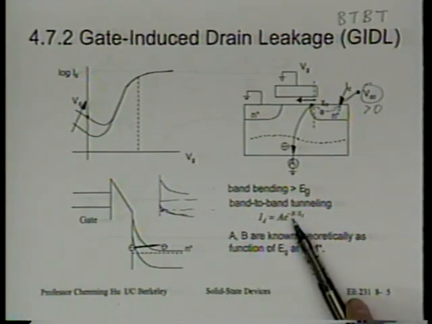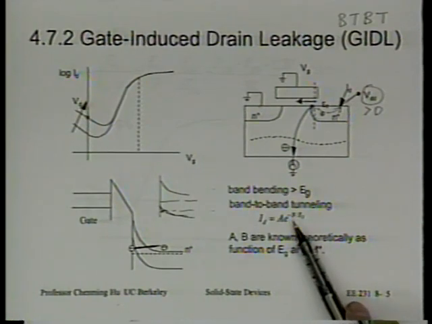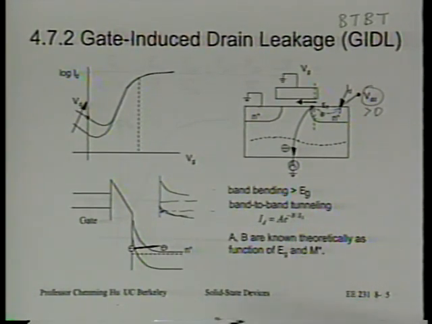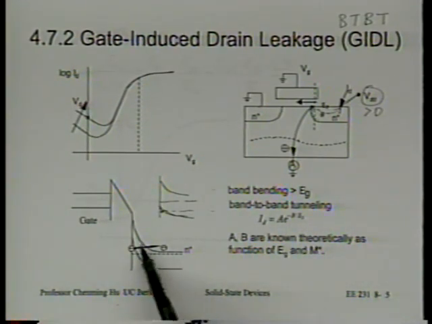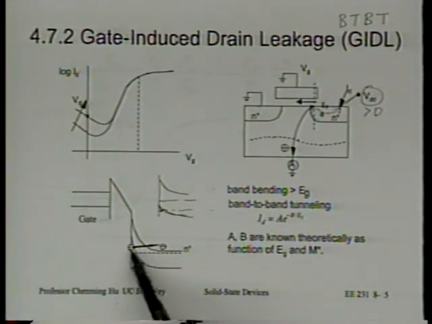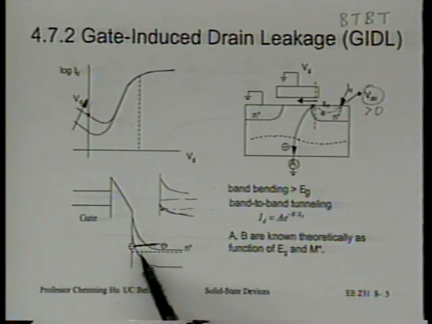There's a problem in theoretically predicting B, because it involves the effective mass. And it's not clear what the effective mass is when the electron is tunneling in the bands. When it's in the valence band, we know the effective mass. When it's in the conduction band, we know the effective mass. But when it's tunneling through the band gap, we actually don't know the effective mass.